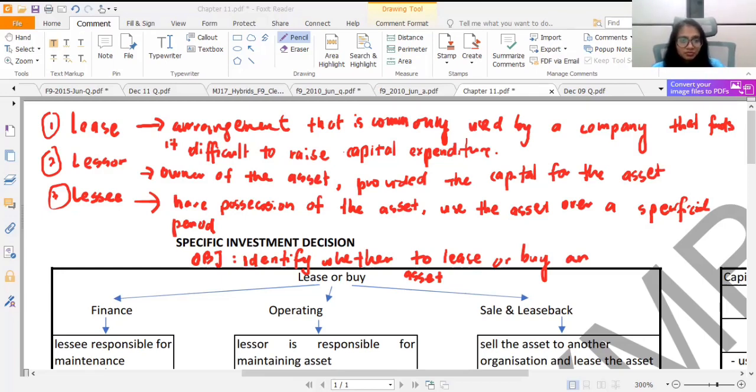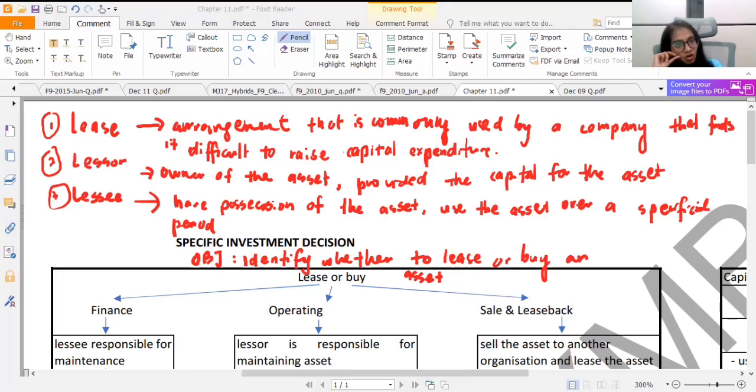The next one, what are assets that normally are being leased? So guys, I think this one you know. In Malaysia, this is a very common example. This is probably something that you are already aware of. Air Asia, they lease their planes, they don't buy their planes.